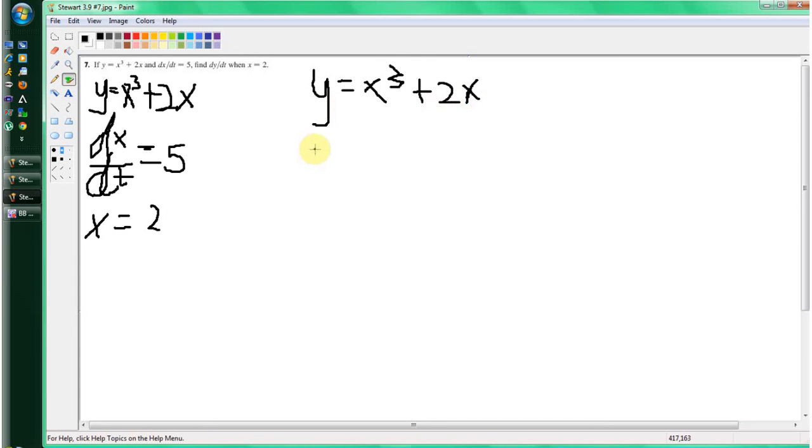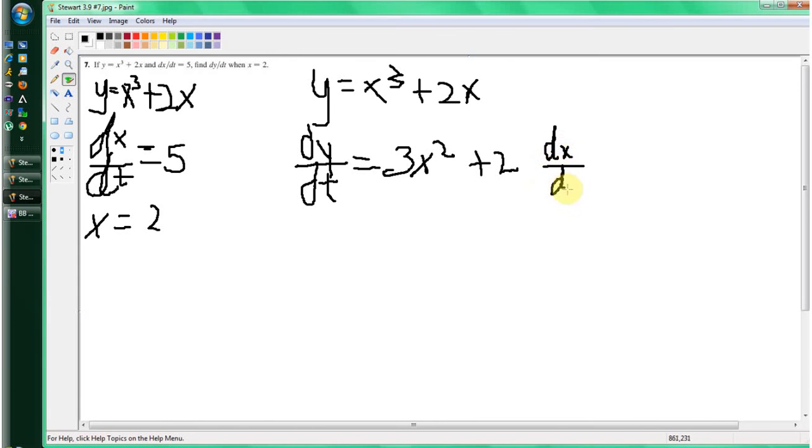So dy/dt is equal to the derivative of this, which would be 3x squared by the power rule, plus 2. And because of the chain rule, over here we have dx with respect to time, which is dx/dt.